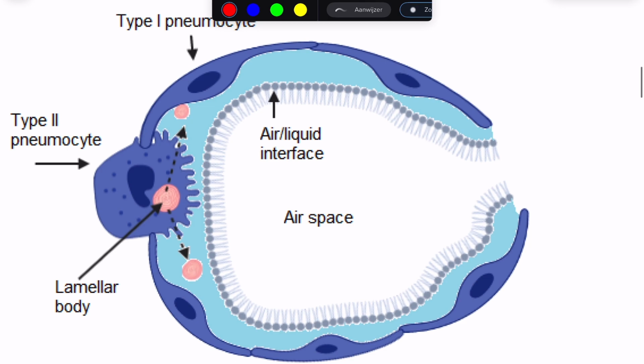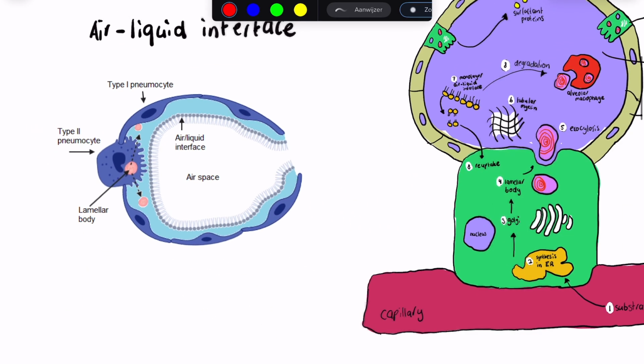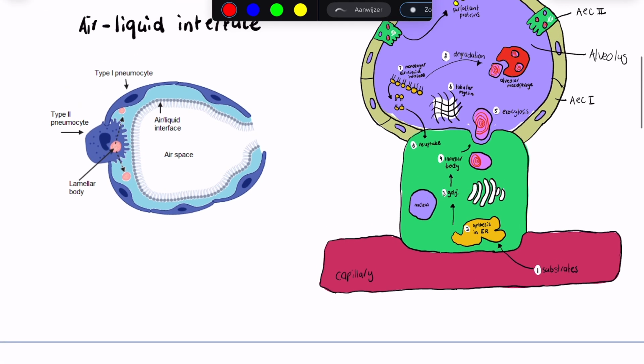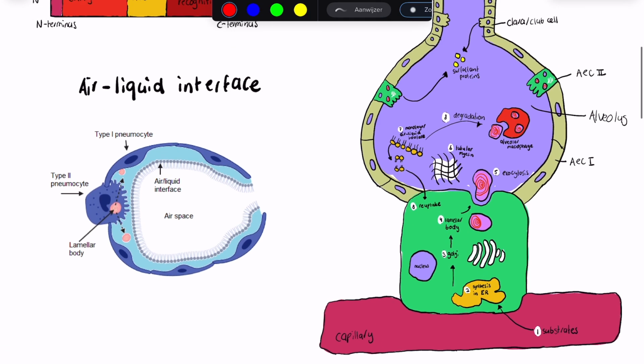This will reduce the surface tension, which is the attraction that water molecules innately have, and this leads to the alveolus being able to stay intact, so not collapse when exhaling. So it is essentially really easy, but getting to know all the components that are present here is sometimes kind of difficult.